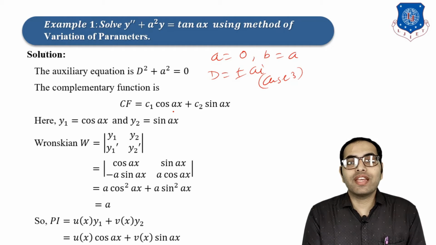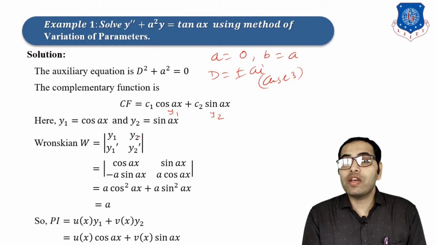For that, yc equal to c1 cos ax plus c2 sin ax. Whatever coefficient is multiplied with c1, that is our y1, and whatever is multiplied with c2, that is our y2. Then y1 is equal to cos ax, y2 equal to sin ax.